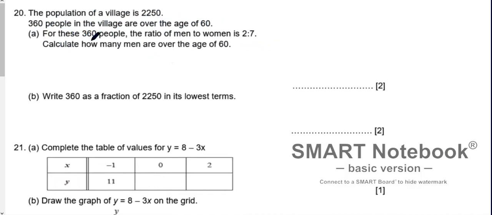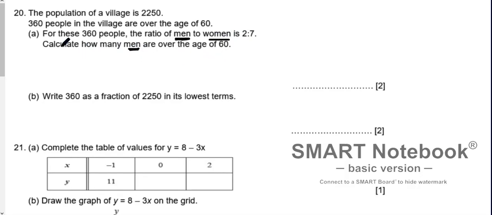For these 360 people, the ratio of men to women is 2:7. Calculate how many men are over the age of 60.